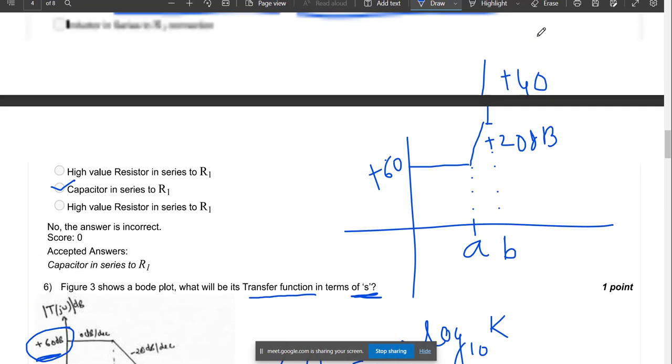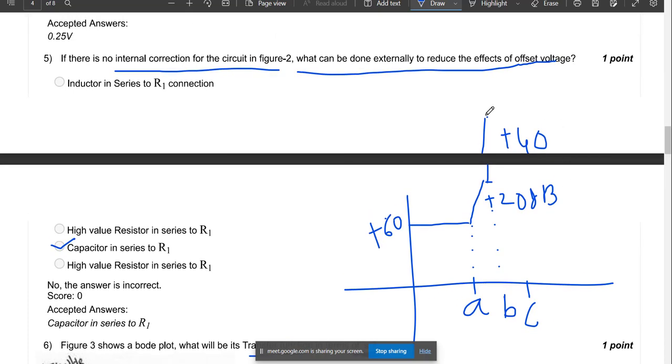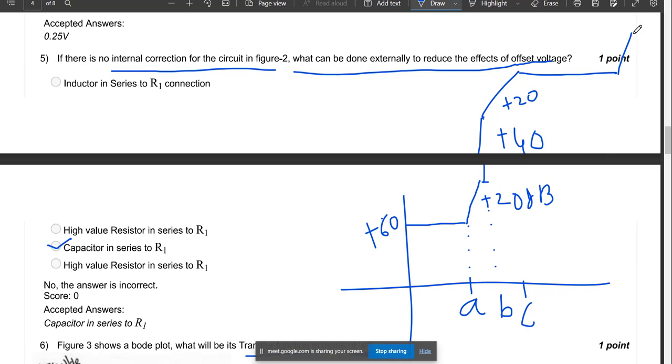Now let's add a pole to it. When a pole is added, say at C, S by C in the denominator, it will subtract 20 dB. So plus 40 minus 20 becomes plus 20. Again a pole is added, plus 20 minus 20 becomes 0. Again a zero is added, it goes up like that.